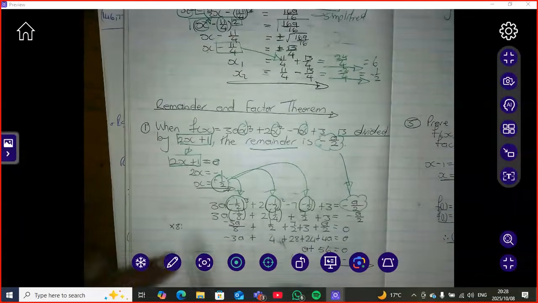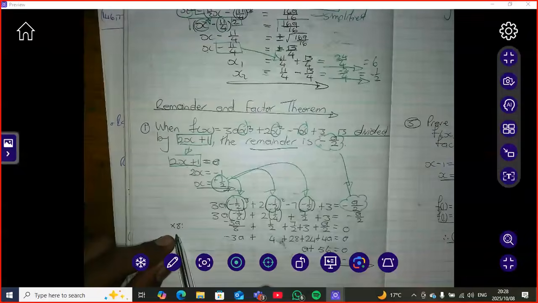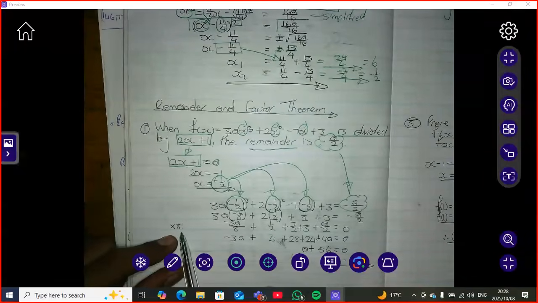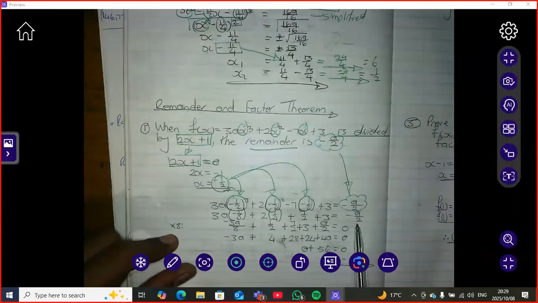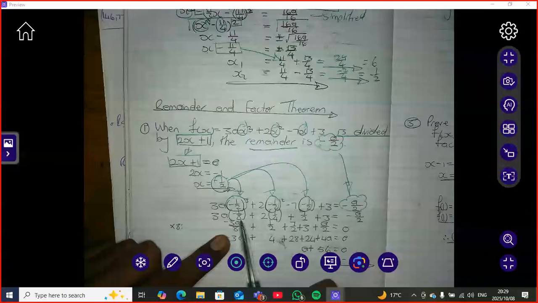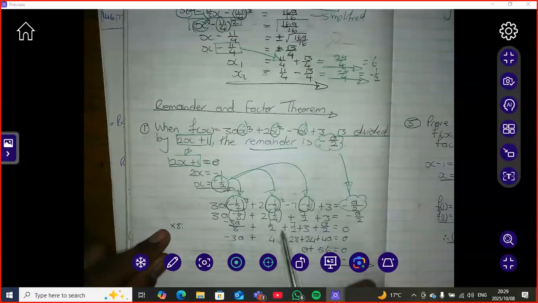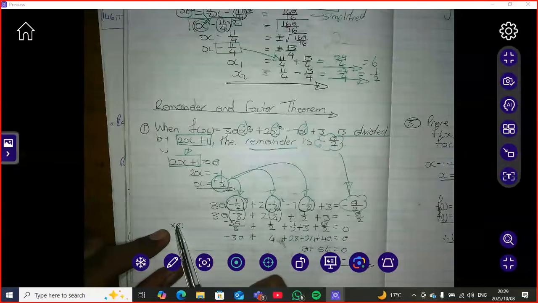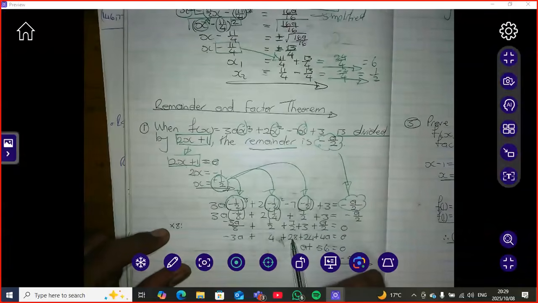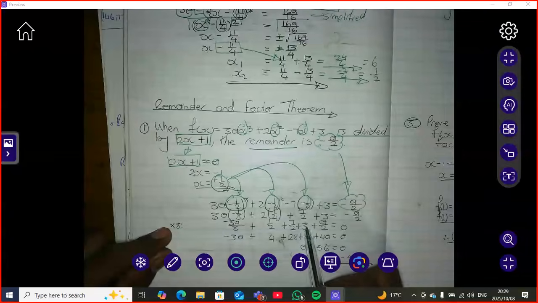Yeah, I multiplied with 8 because it was just going to make my life easier. So I multiplied with 8 across the whole equation to get this fraction away. So 8 times a half gave me 4. 8 times 7 over 2 gave me 28. 8 times 3 gave me 24.